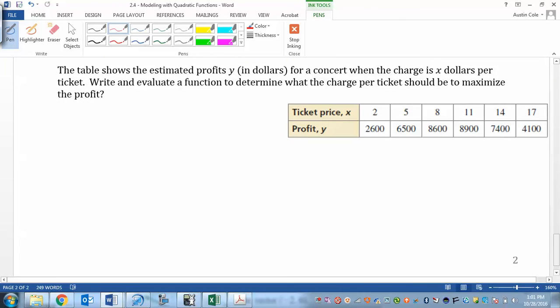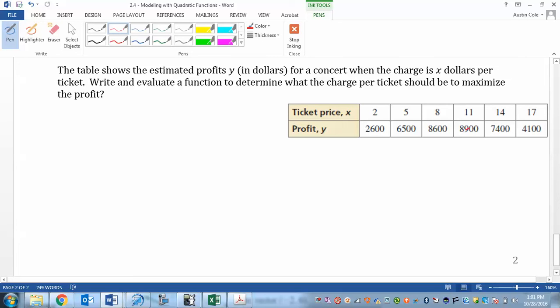Here it says, the table shows the estimated profits, which is our y, for a concert when the charge is x dollars per ticket. Write and evaluate a function to determine what the charge per ticket should be to maximize profit. Now, here's what's happening. As the ticket price goes up, what do we notice about the profit?